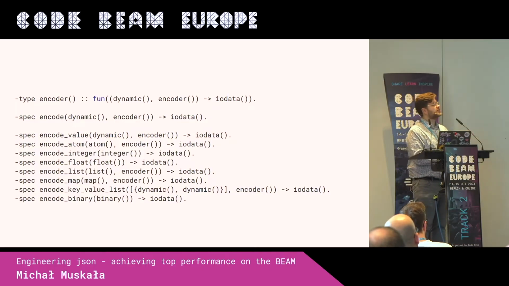And those are the places where you can customize your encoder to handle things like records, to handle things like date tuples, if you want to handle things that are, let's say, less conventional or more custom from that perspective.